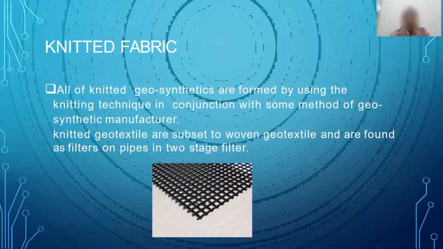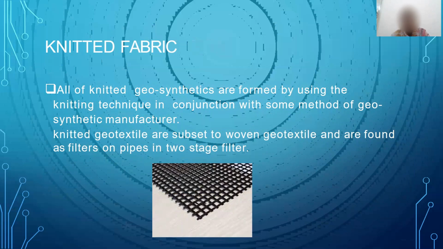Another type is knitted fabric. Basically it is the process of interlooping of yarn or intermeshing of loops. Its properties are distinct from woven fabric in that it is more flexible and can be more readily constructed into smaller pieces.